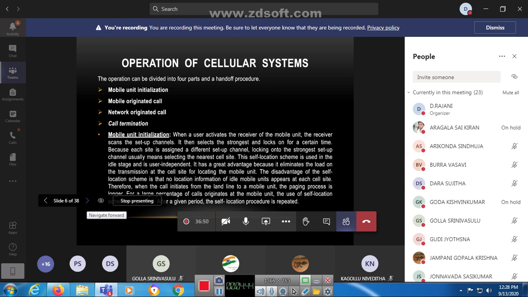The receiver mainly scans the channel, and according to that signal it gives the transmitting signal. The initialization starts from 401, and then the unit starts to make a call.